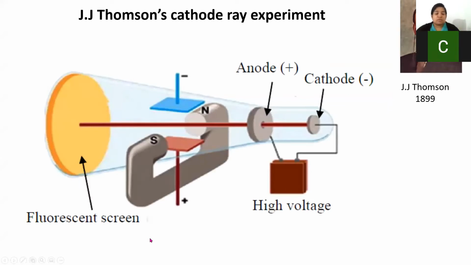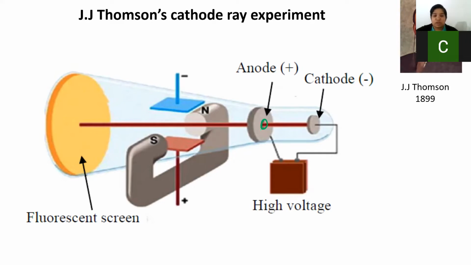Now, William Crookes is not the only person who was working on these kinds of cathode ray tubes. There were a lot of people doing many different types of experiments with these cathode ray tubes. Now, J.J. Thomson modified this cathode ray tube in a way that there is a hole in the anode.